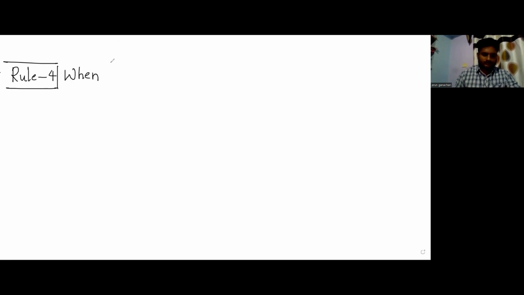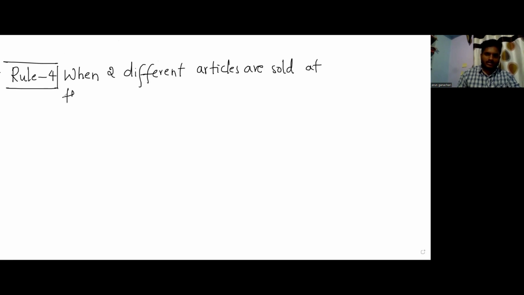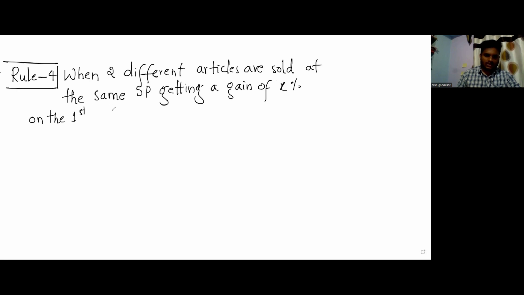When two different articles are sold at the same selling price, getting a gain of X percentage on the first and loss of X percentage on the second, then overall percentage loss.